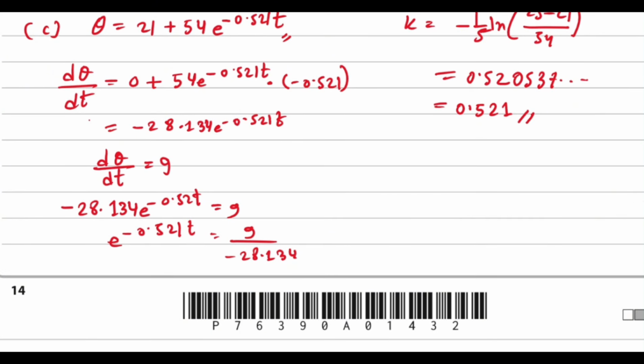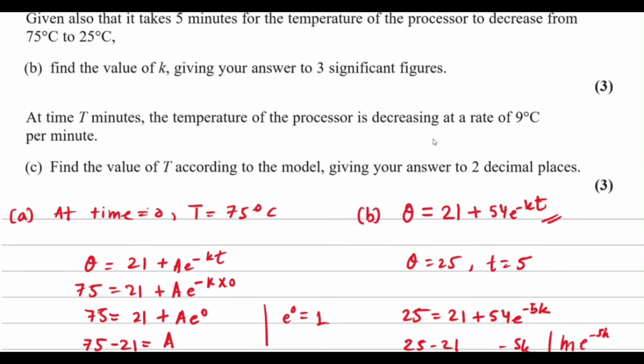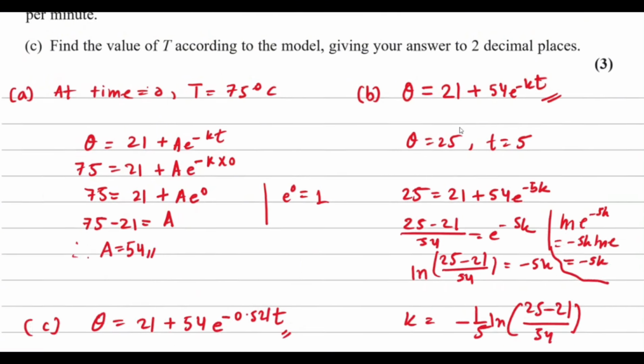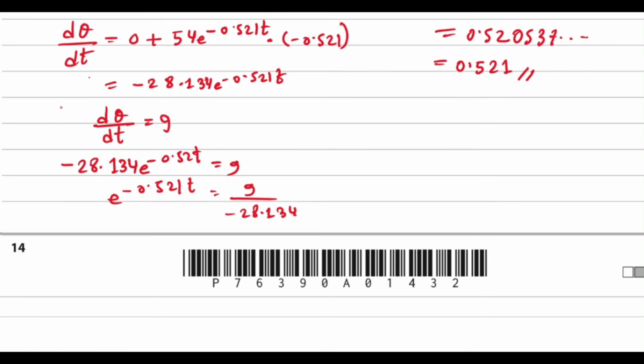Sorry for this mistake, but we are told in the question that the rate of decreasing is 9. The rate of decreasing is 9. So when we are writing, we have to input a negative sign here. This gives us a negative sign everywhere. And now we can take ln.